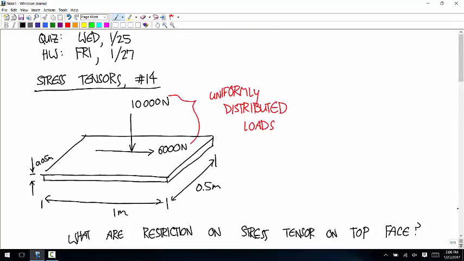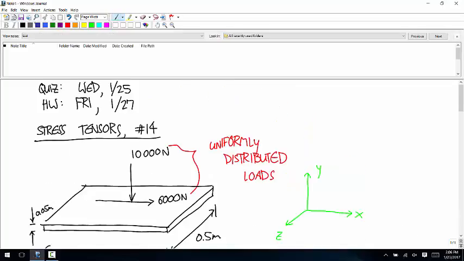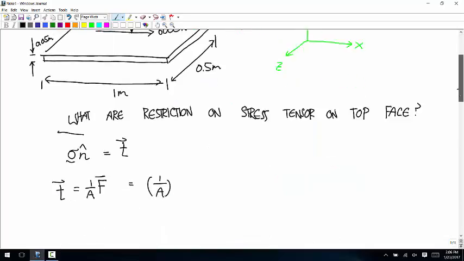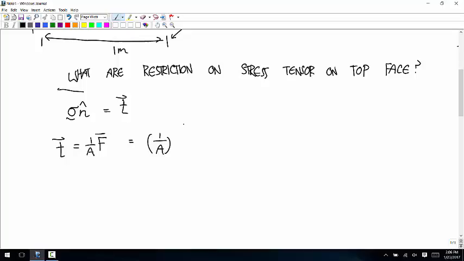I haven't drawn a coordinate system yet, but let's do one that's like this. X, Y, Z. So that 10,000 Newton force is in the negative Y direction. And the 6,000 Newton force is in the positive X direction. So this force vector is positive 6,000, negative 10,000, 0.